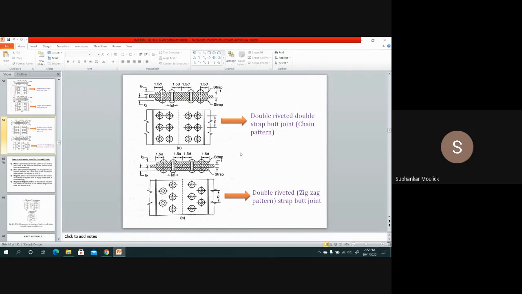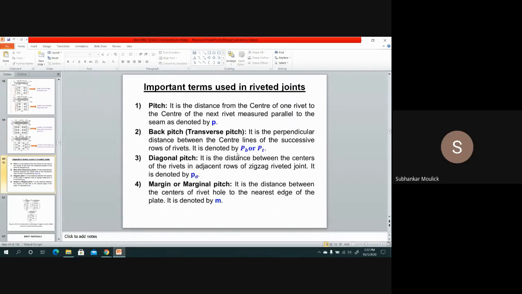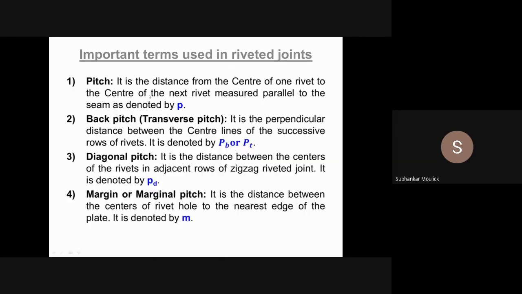Okay. So in today's class, we will continue the same topic of rivet joint and we will discuss some more important points which you should keep in mind while solving problems related to GATE. So the next topic is important terminologies that are used in rivet joint.